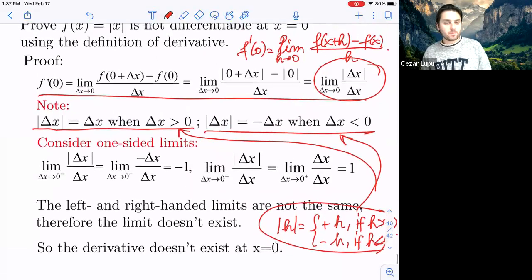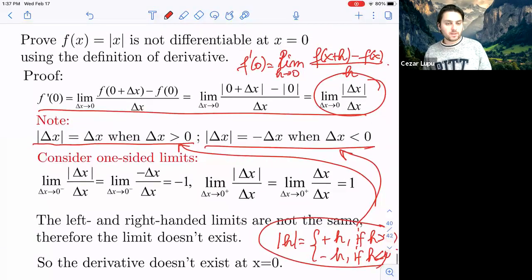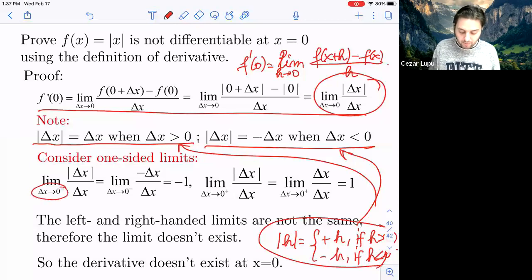Once we write this explicitly and consider the one-sided limits, let's consider the left-hand limit. When delta x approaches 0 from the left, this means delta x approaches 0 but with delta x less than 0.